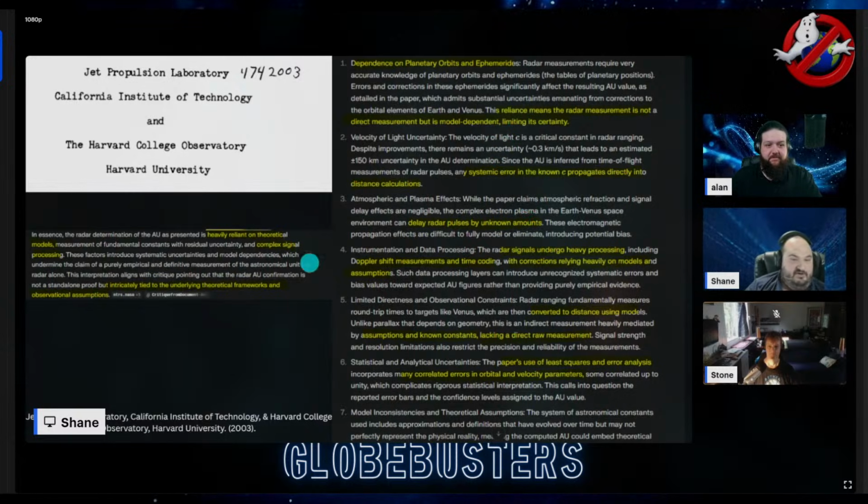So atmospheric and plasma effects could be a factor in any and all of these measurements, signal returns, and data. Biggest one being the layers of data processing that they go through, which are actually heavily reliant on models. So they're doing fundamental relationships, systematic constants, AUs, radiuses. All of that data interpretation is based on all their models that they're trying to validate.